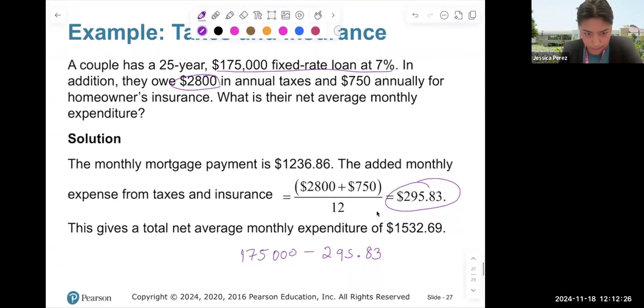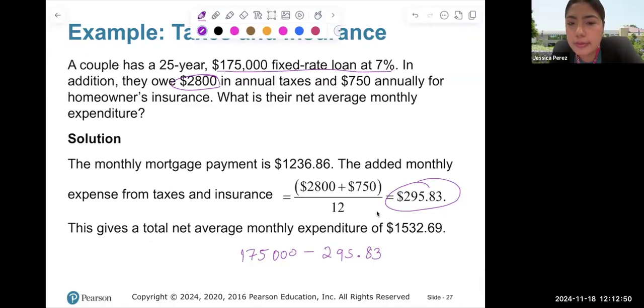So first of all, the monthly mortgage payment: the loan is $175,000, the rate is 7%, and it's 25 years. Then you have to look at the monthly mortgage payment.